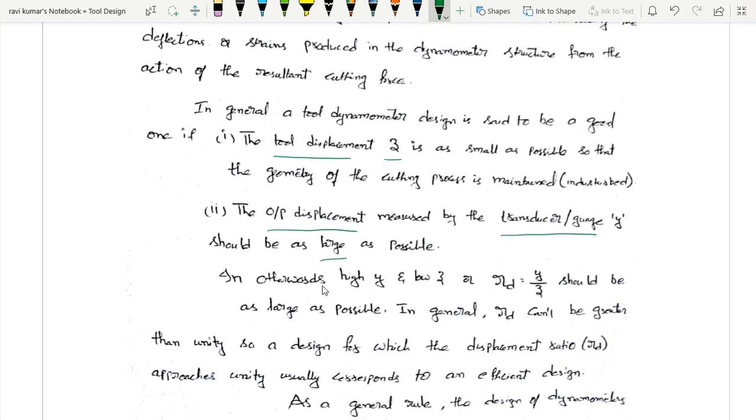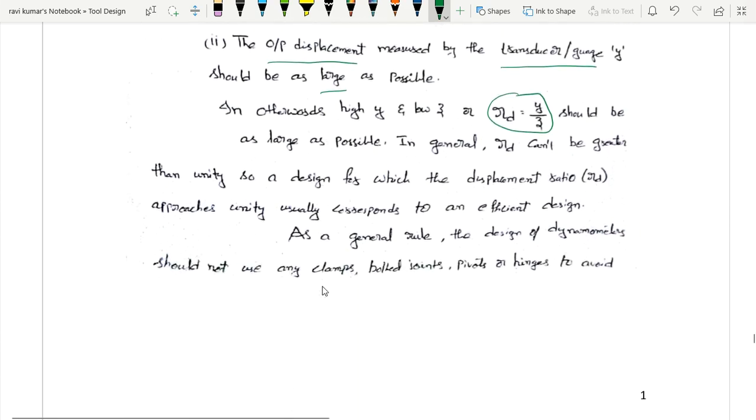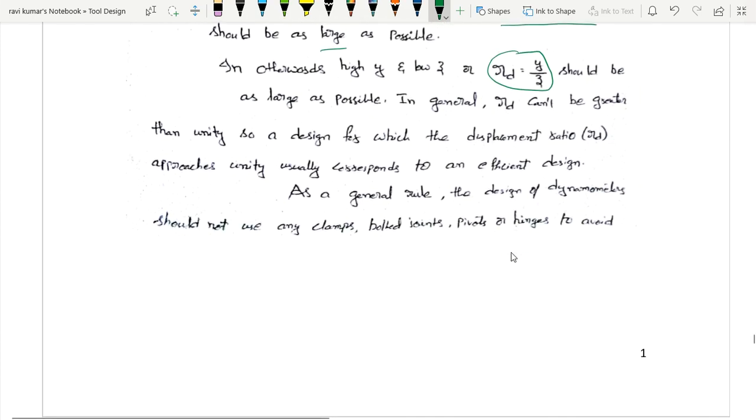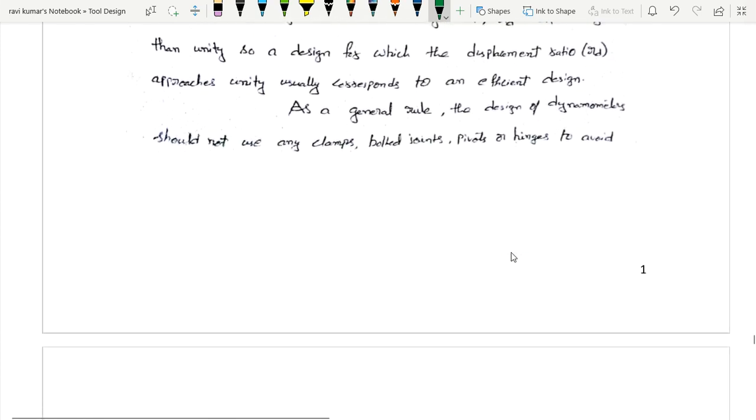Generally, which we call it as RD, as Y by Z, should be as large as possible. Y is nothing but the displacement sensed by the transducer. Z is nothing but the displacement the tool is going to experience on account of the cutting action. So if I tell it is a good design, then this RD should reach a value of 1. But rarely it is possible.